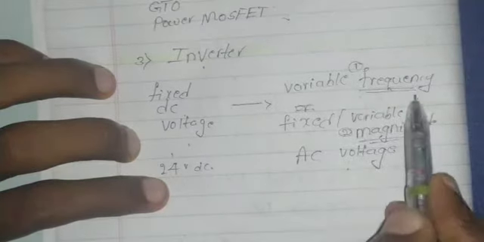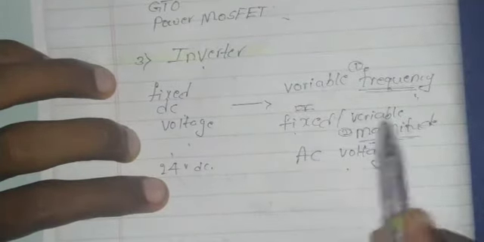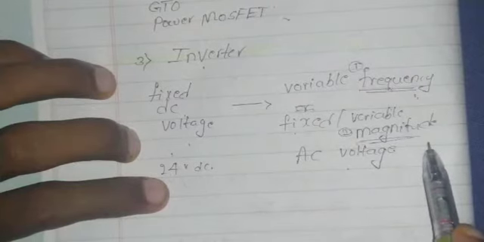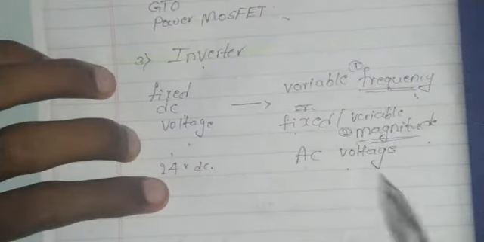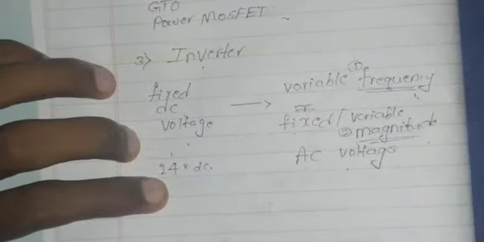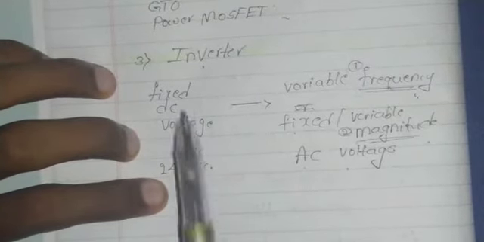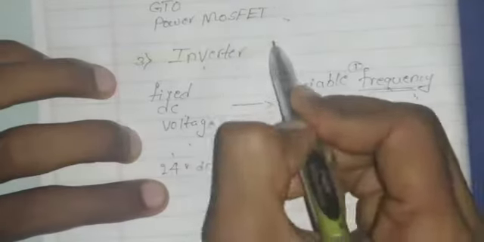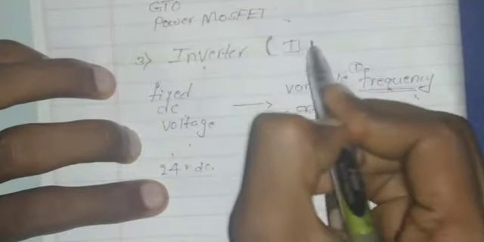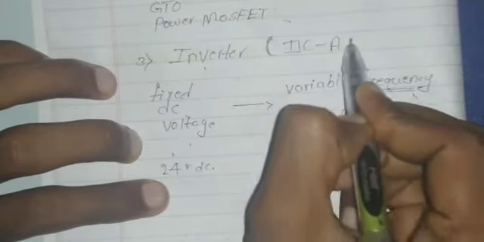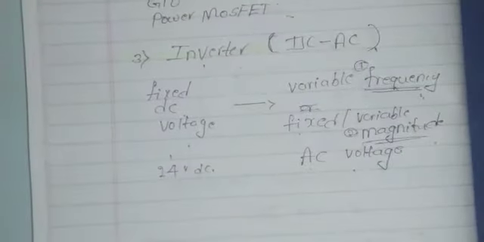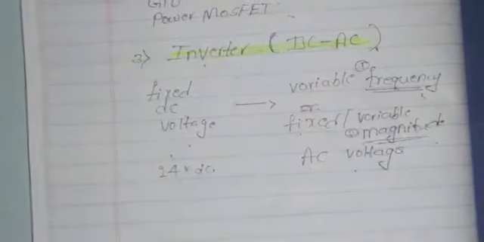And fixed or variable magnitude AC voltage, that means 220 volt to 230 volt, slight variations. That's the function of this inverter. It converts DC to AC. Remember this, DC to AC.